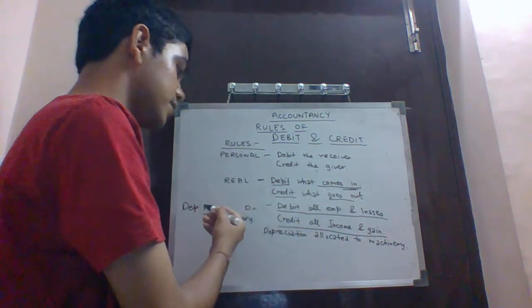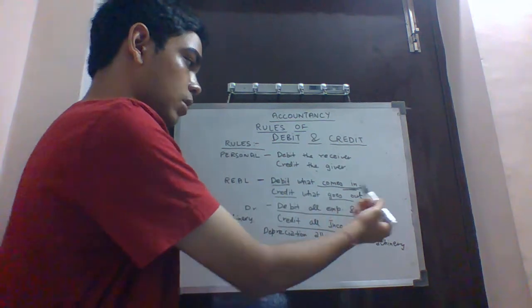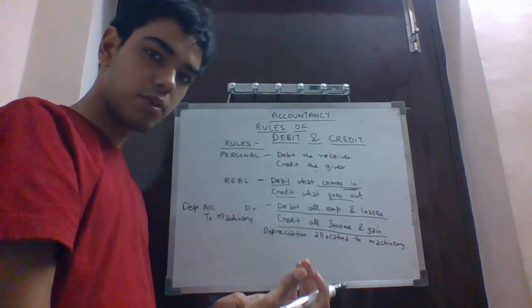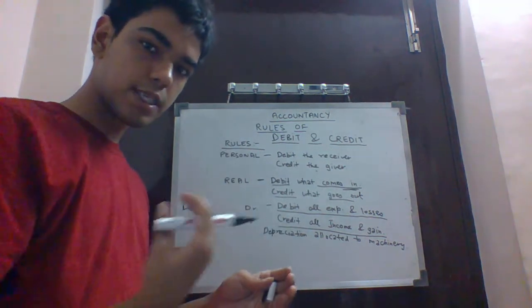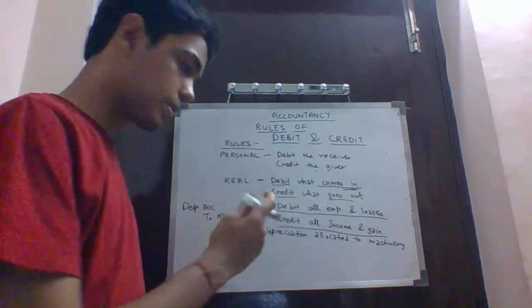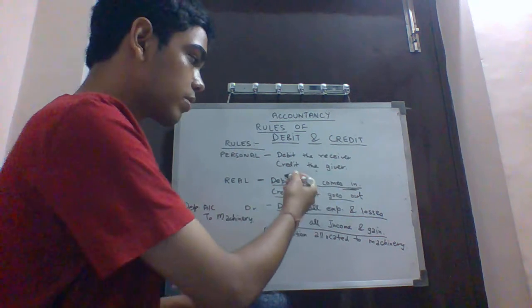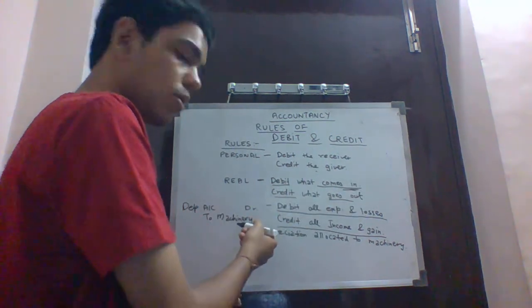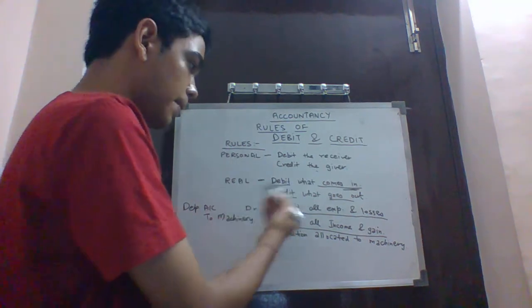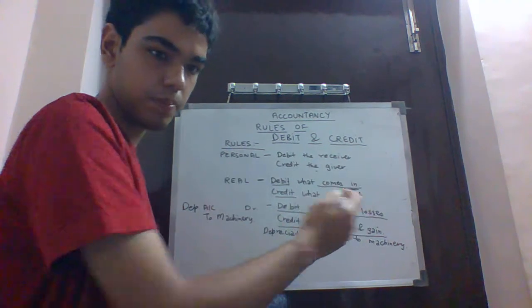In this, depreciation account should be debited because of the rule of debit all expenses and losses, and machinery account is being credited because the machinery's market value is deducted due to a slight fall in its market price due to depreciation. So as complied by the rule, credit what goes out, machinery's account is credited. So depreciation account, that is debit all expenses and losses, to machinery account, that is credit what goes out.